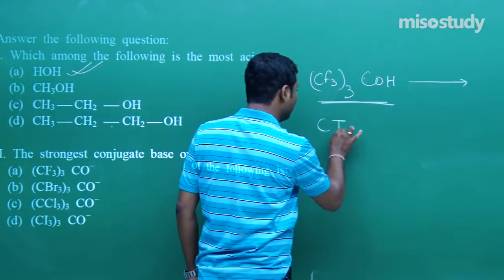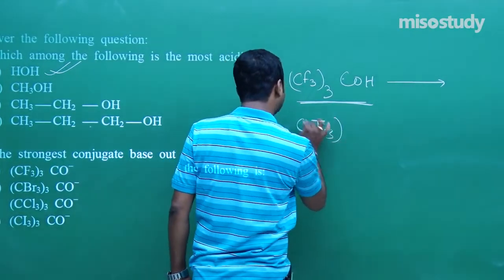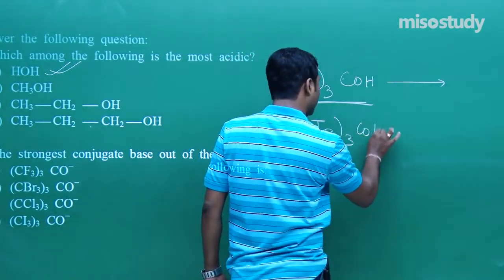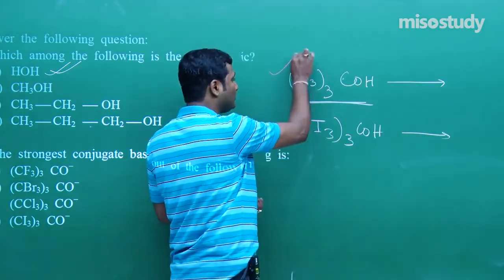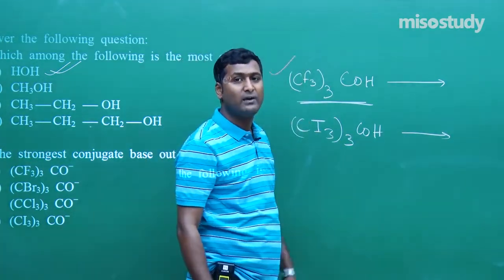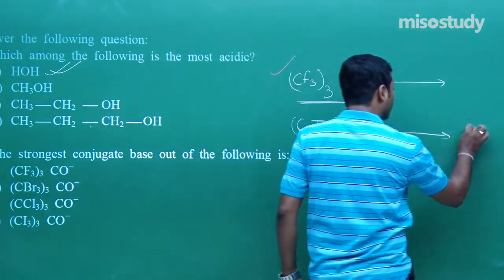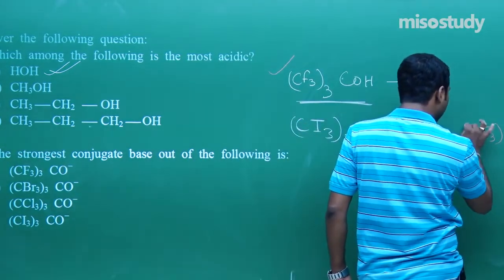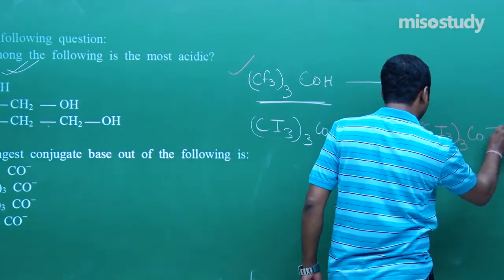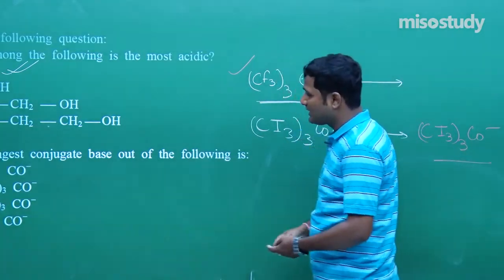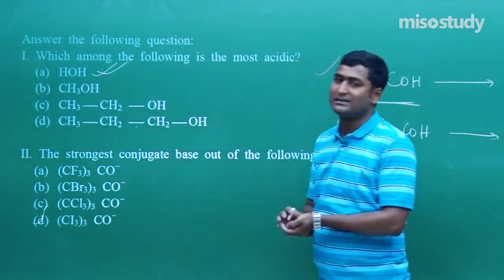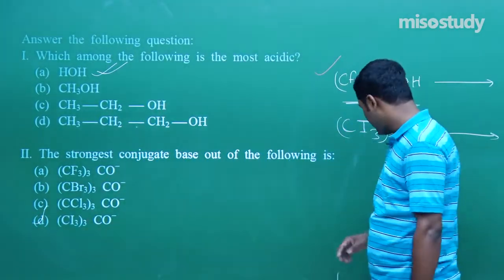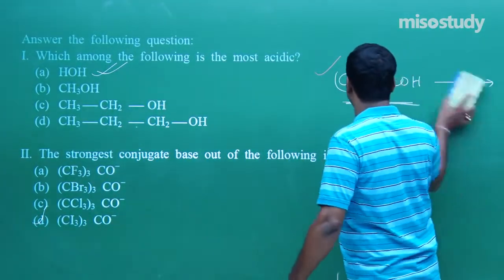If I write (CI3)3COH, then it is a weak acid in comparison to this one, so its conjugate base will be strong. So its conjugate base is (CI3)3CO minus. So in this case, what will happen? So for question number 2, D is the correct option.